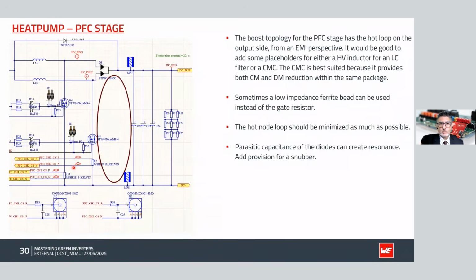Another aspect, I think Jakob has talked about this in detail: minimizing the hot loops on the PFC stage, on the boost stage. But one thing that can also be optimized on the boost side of things is the inclusion of a common mode choke on the output here.